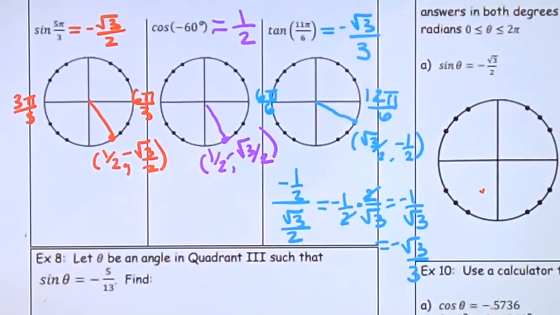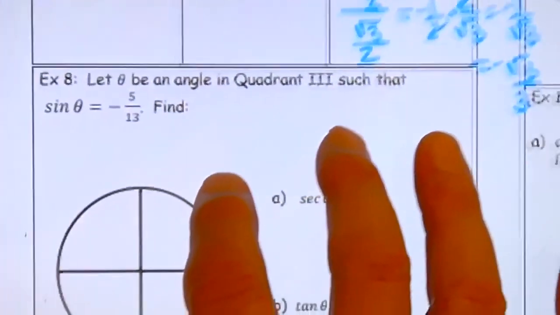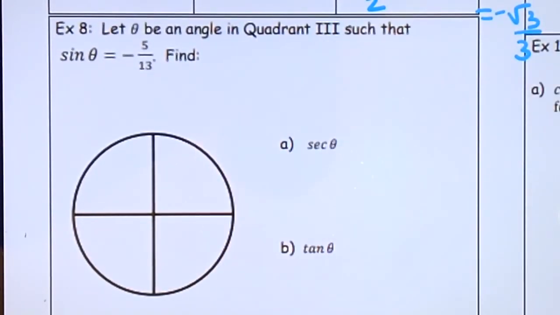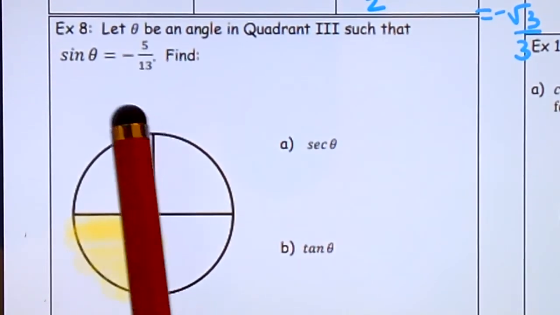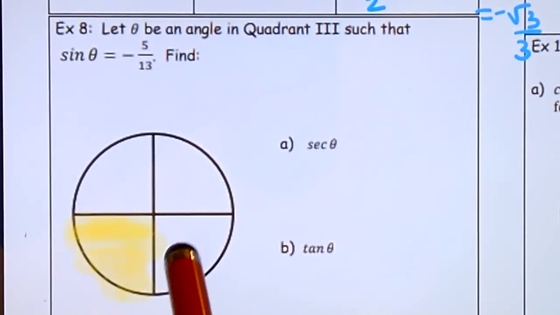Okay, so now, next one down here, okay? So we know that the angle's in quadrant 3 because they told us. So I'm going to actually highlight quadrant 3 to focus myself. This is where I am right here. I'm over here in this quadrant. Because if my sine's negative, my sine would be negative in this quadrant and my sine would be negative in this quadrant.